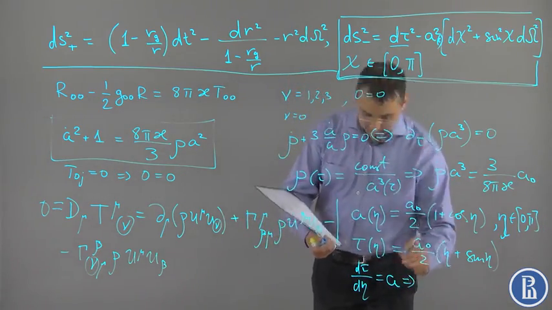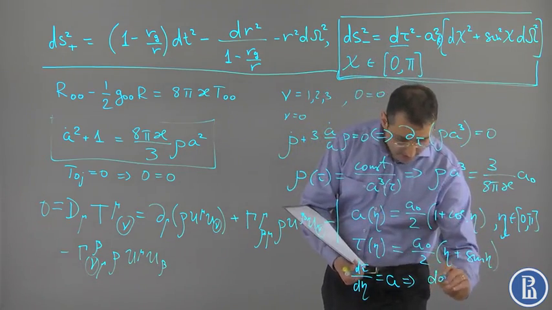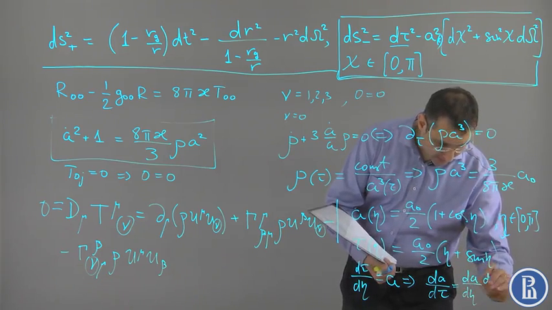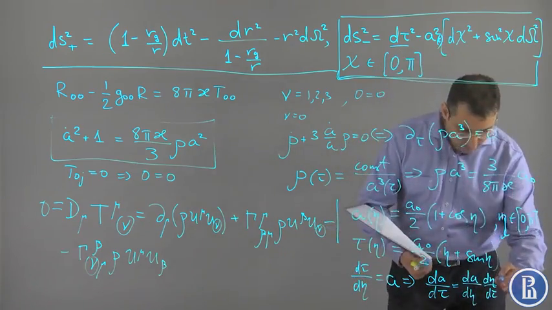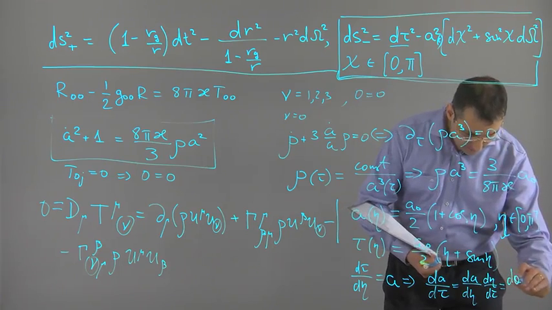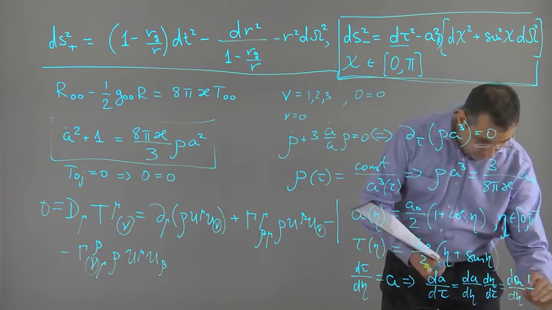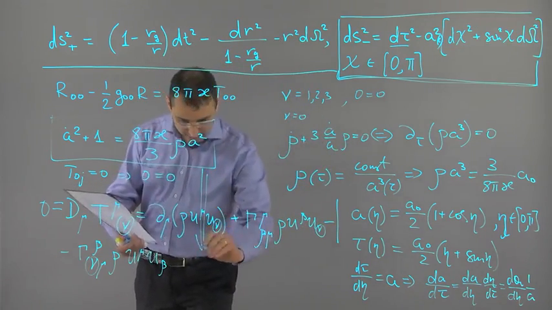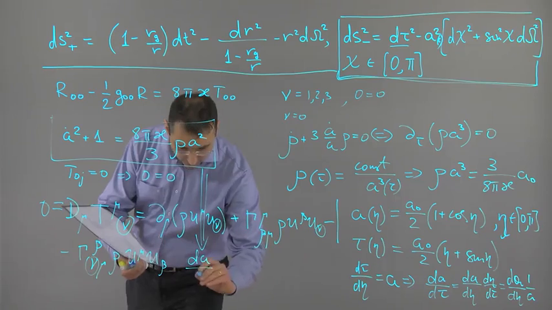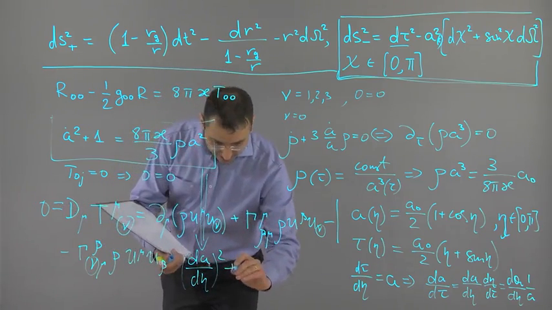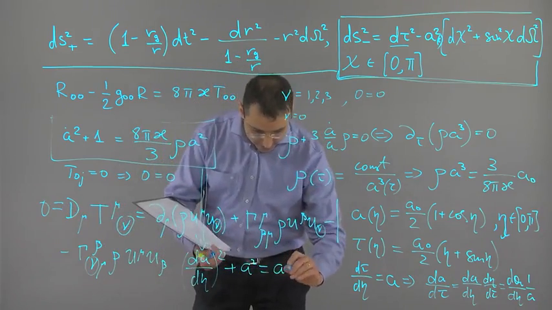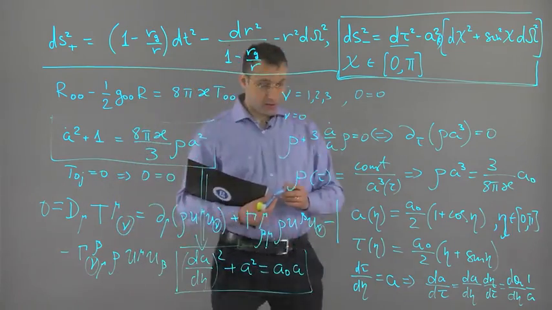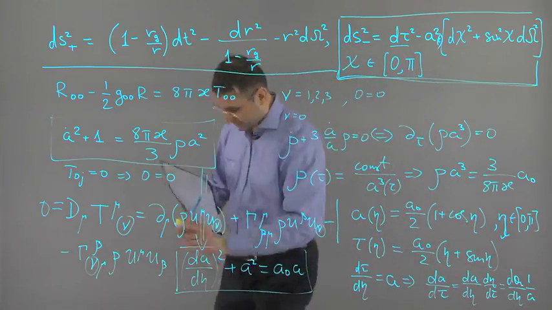As a result, one can see that dA over d tau, which is dA over d eta times d eta over d tau, is equal to dA over d eta times 1 over A. Using this, the equation can be represented in the following form: (dA over d eta) squared plus A squared equals A0 A. This is nothing but an oscillator type equation, and one can easily show that this solution solves it.